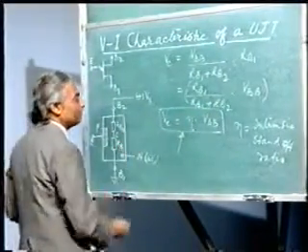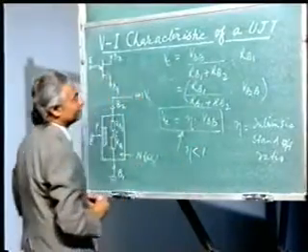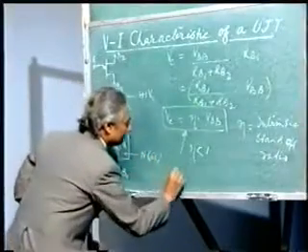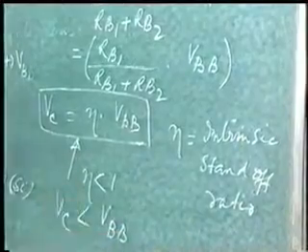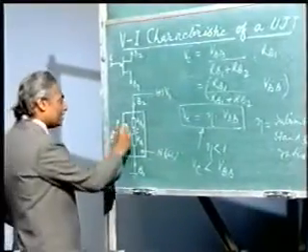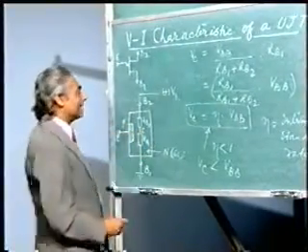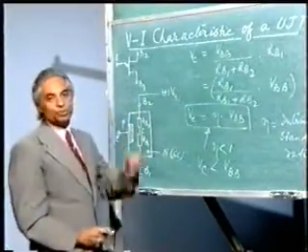So it is always less than 1. That means it is very clear from this equation that Vc is always less than VBB. Is it clear? So I say that the voltage at point C will be always less than the interbase supply applied between B1 and B2.